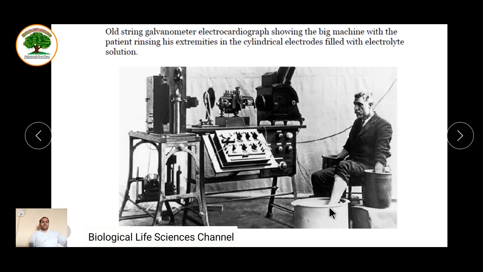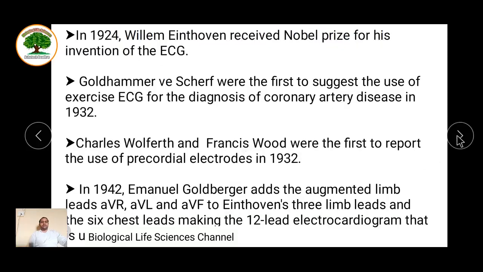The extremities, such as hands and legs, had to be kept in an electrode solution like this, and then the readings were taken. In 1924, William Einthoven received a Nobel Prize for the invention of the ECG, and it was indeed a very important discovery. Nowadays also, whatever the problem related to the heart, the first and foremost test that is done is ECG. Hence ECG is a very important test, and there is no alternative for ECG till now.